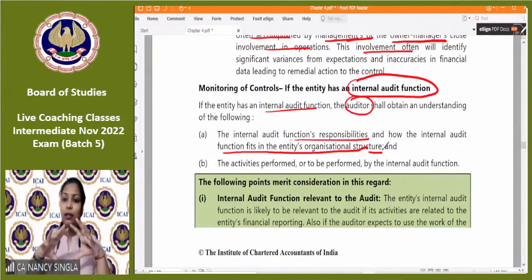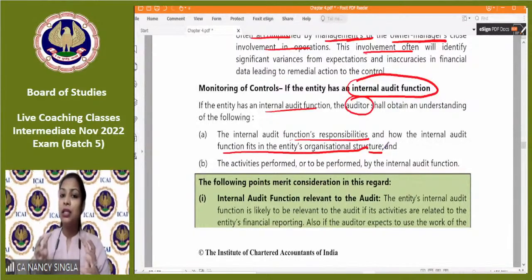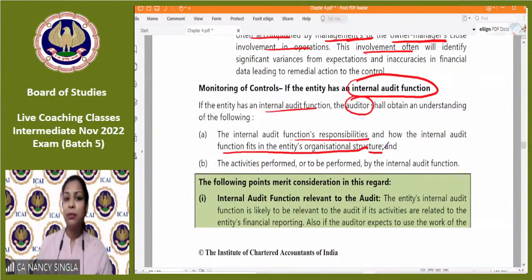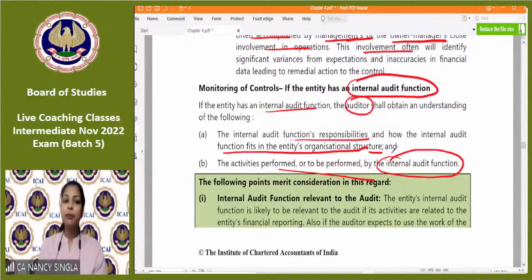It should not be that the entity is so large that it needs a proper internal audit team of 10 persons, but the work of internal audit has been given to a single person. So, how the internal audit function fits the entity's organizational structure, and the activities performed or to be performed by the internal audit function, which is the internal audit department. Is it clear?